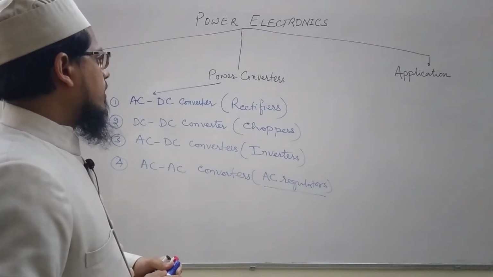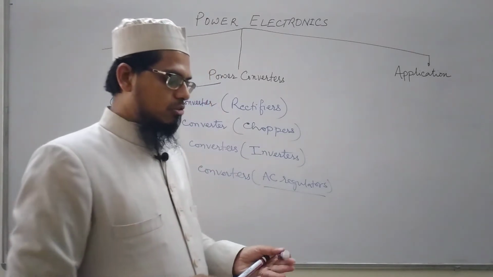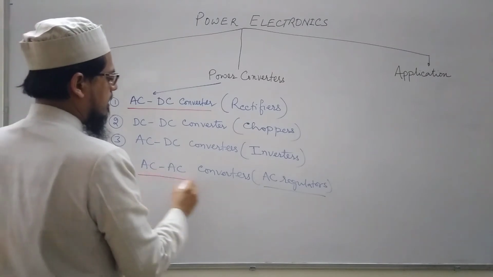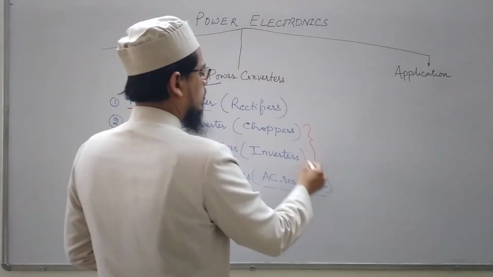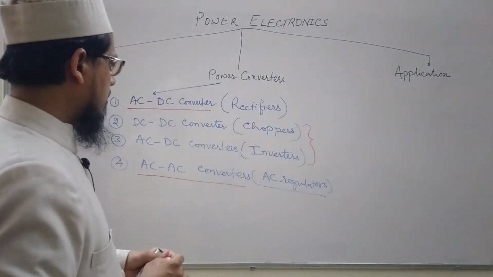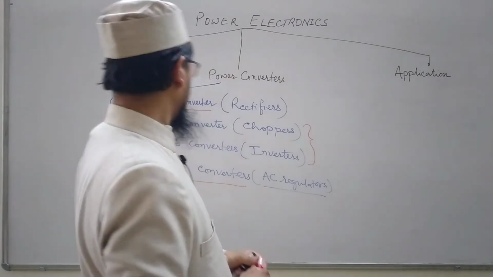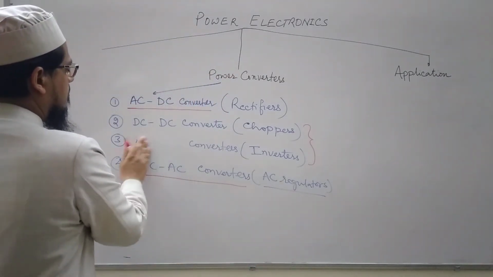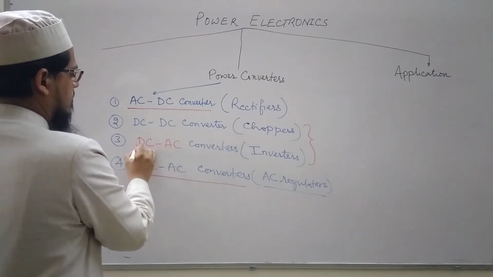In your previous course on power electronics, Power Electronics 1, you studied the AC to DC converters and AC to AC converters. In this course, Power Electronics 2, we will be taking up the DC to DC converter and the AC to, okay, sorry, this is not AC to DC, it is DC to AC.